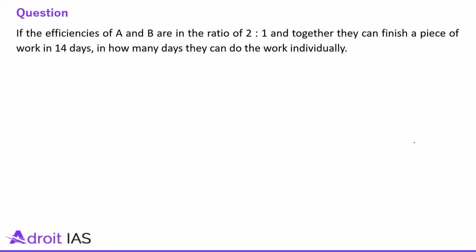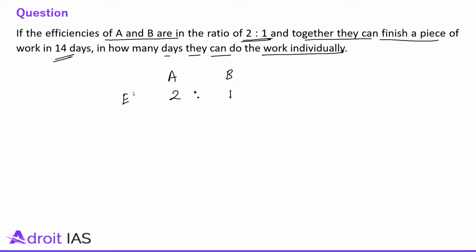Okay, the next question is, if the efficiencies of A and B are in the ratio 2:1 and together they can finish a piece of work in 14 days, in how many days can they do the work individually? It's a very good question, right? Everyone, here the ratio of the efficiencies is given as 2:1.